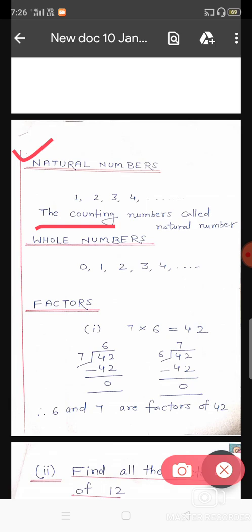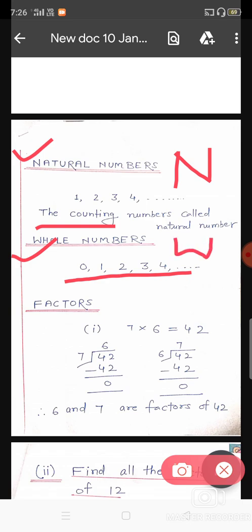Natural numbers are represented by the symbol N. What are whole numbers now? Natural numbers along with 0 are called whole numbers. Whole numbers are represented by the symbol W, right?